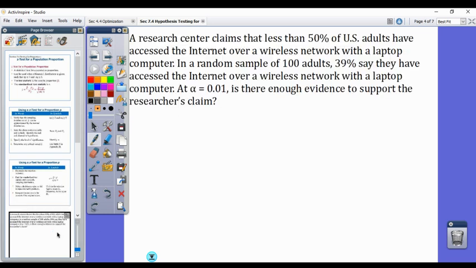Okay, so a research center is claiming that less than 50% of US adults have accessed the internet over a wireless network with a laptop computer. The first thing I'm going to do is write my claim down. The claim is that less than 50%, so p is less than 0.5.